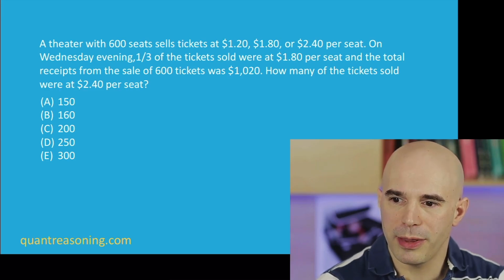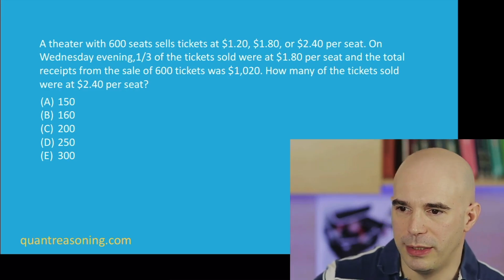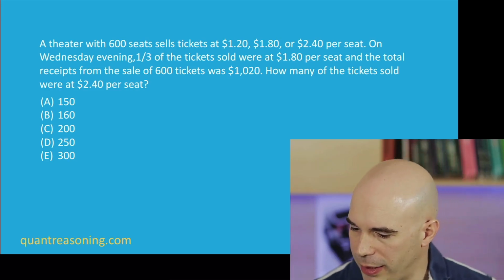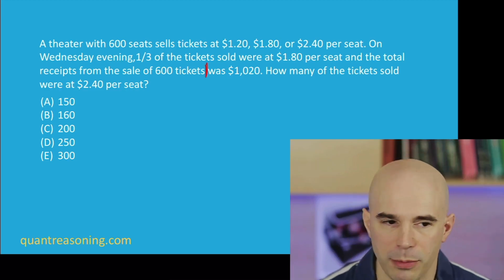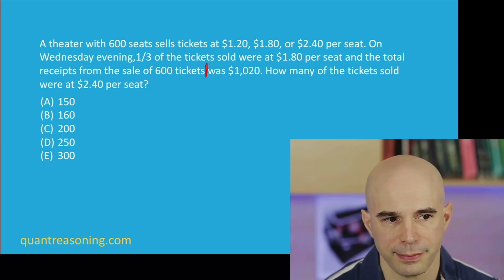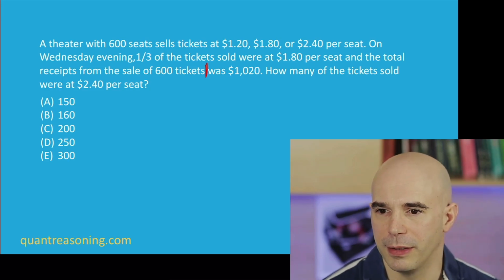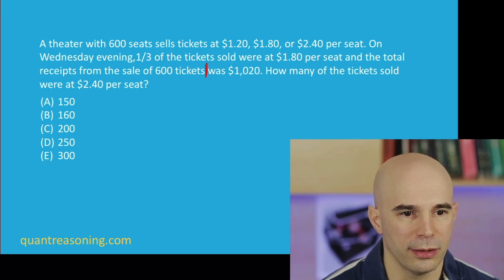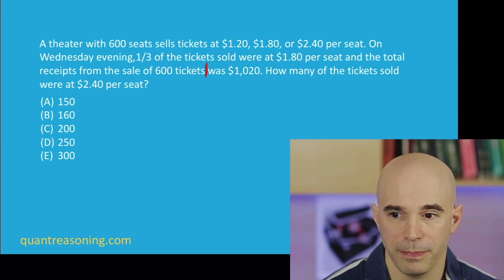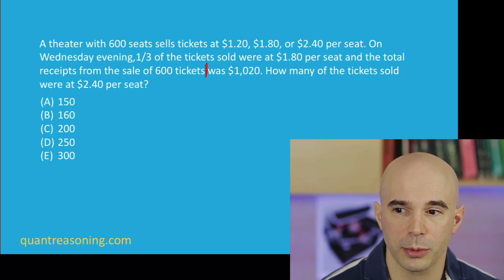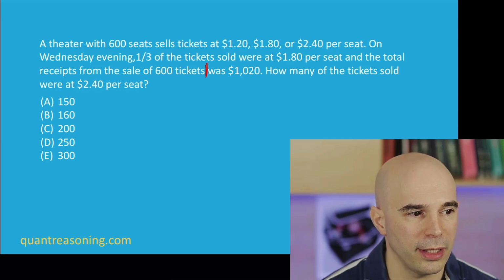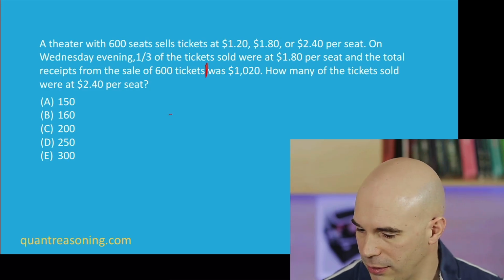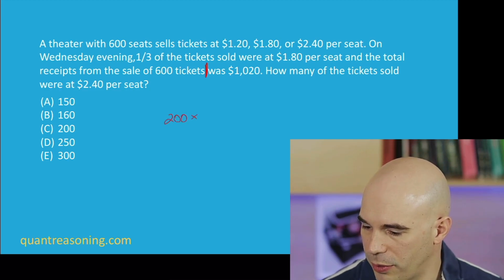Yeah, I think probably that period after 1020 is the place to do it, although you might even want to take a pause just before the word was and say the following. 1/3 of the tickets, knowing that there are 600 tickets, is 200 tickets. And if 200 tickets were sold at $1.80, I'll just show you how I would do the math there.